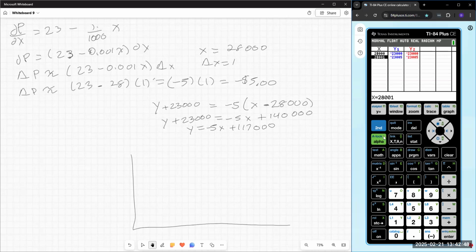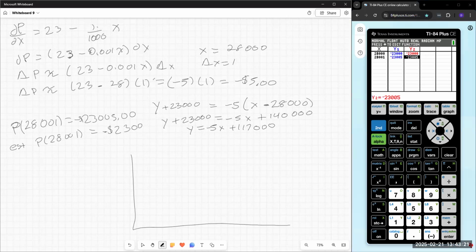We have P of 28,001 is negative 23005.00, and estimated P of 28,001 is negative 2300500, a difference of nothing.